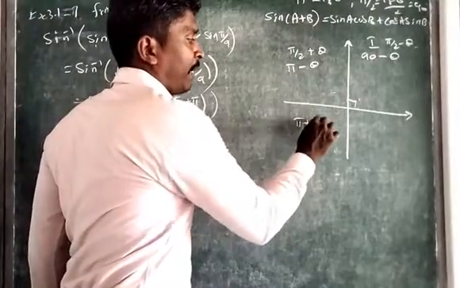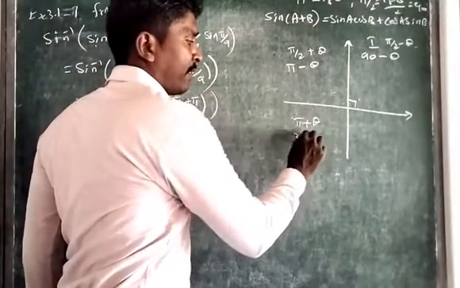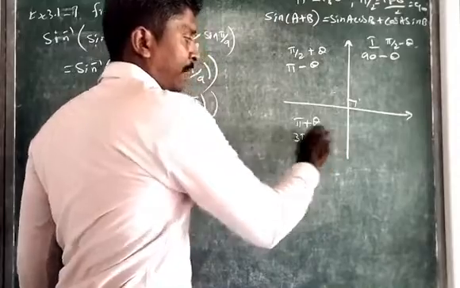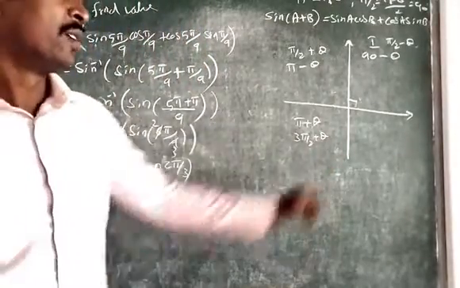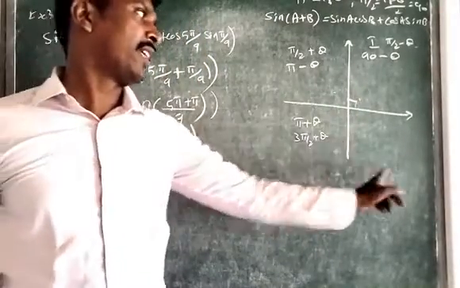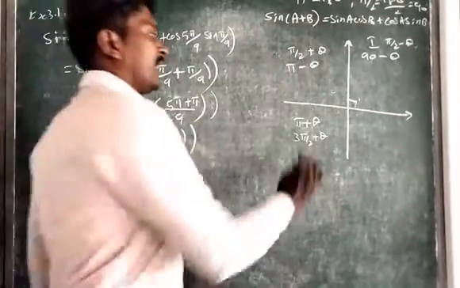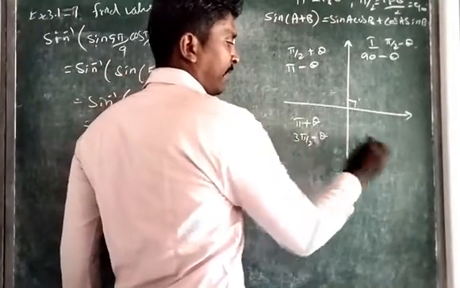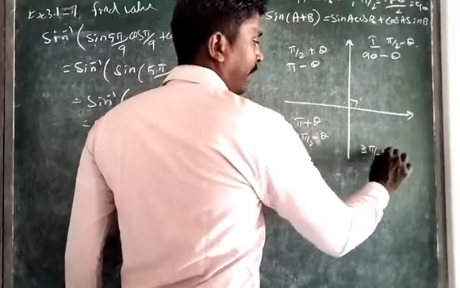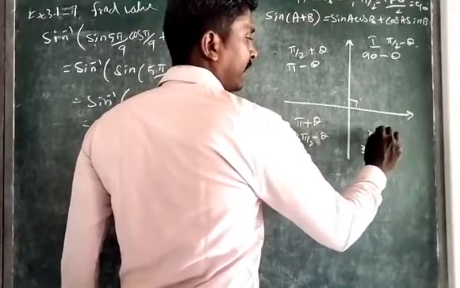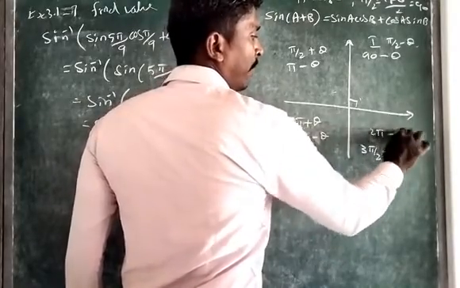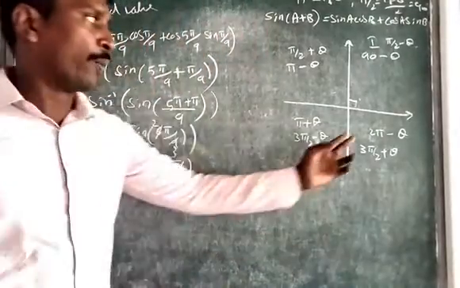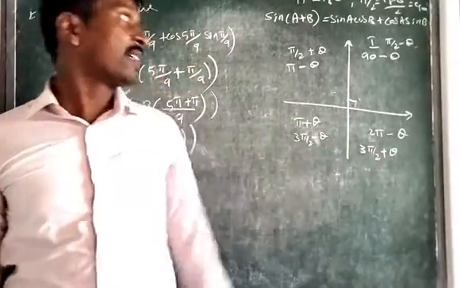Then here comes pi plus theta, otherwise 3 pi by 2 plus theta. 3 pi by 2 is 270 degrees. So 90, 180, 270. Above 270 will come 3 pi by 2 plus theta and 2 pi minus theta. 2 pi is 360 and 3 pi by 2 is 270 degrees.